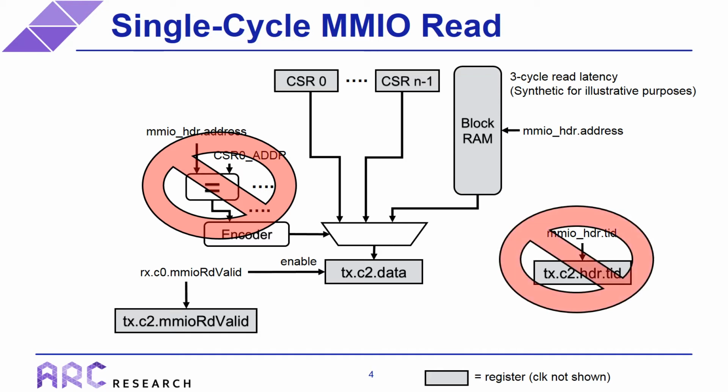It's going to pass through one register, which creates a cycle of delay, but our block RAM isn't going to provide the data until 2 cycles later. And similarly, we're going to assert the read valid signal on the transmit port 2 cycles too early because the data hasn't showed up yet. So we're going to be responding to a read request within a cycle, but we're going to be providing the wrong data. So we need to modify this circuit to work with a 3-cycle read latency of the block RAM.